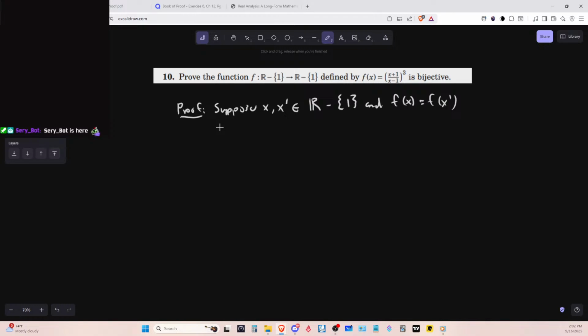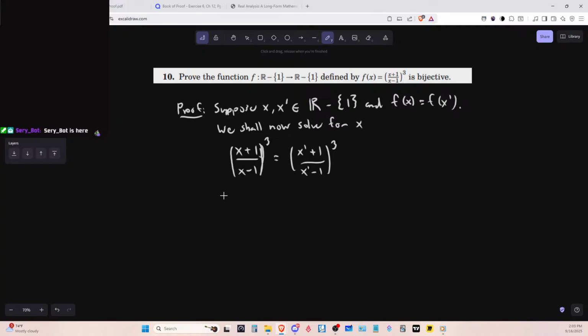So now, put a period there. We shall now solve for x. So we have x to the first, x to the 1, and that's equal to x prime plus 1 over x prime minus 1 to the third.